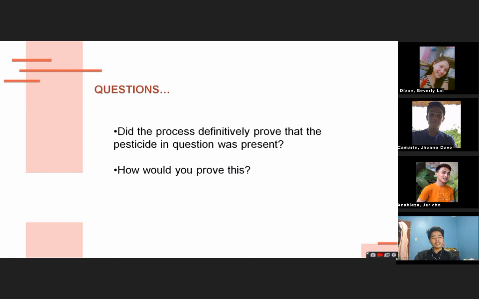In most court cases, this question is usually asked: did the process definitively prove that the pesticide in question was present? Or how would you prove this?